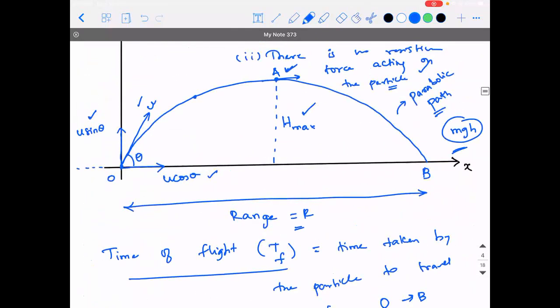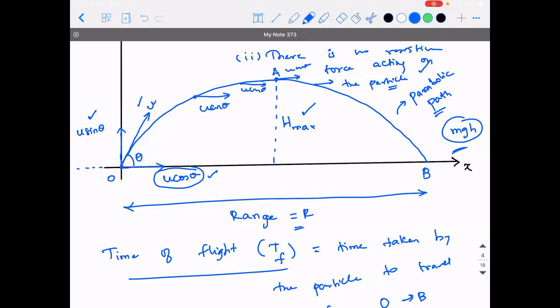This is a very, very important question, which many people fail to answer because they don't understand. What is the initial velocity given to the particle along the horizontal? It is u cos theta. Take any particular instance in the journey of the particle, the horizontal component of velocity is always u cos theta.